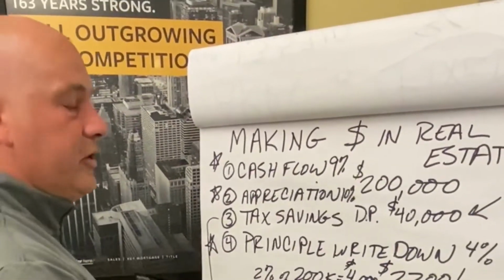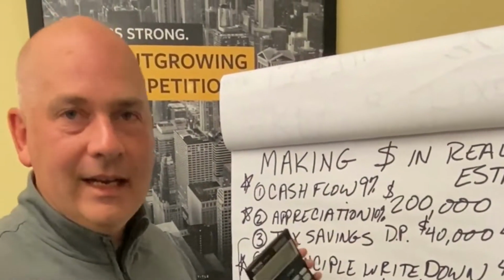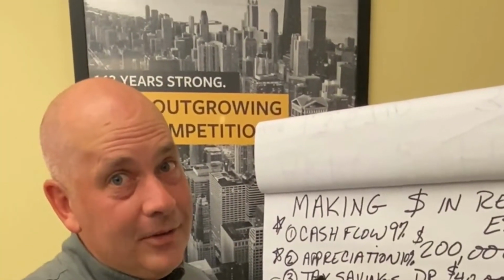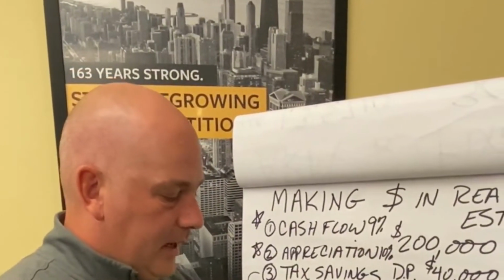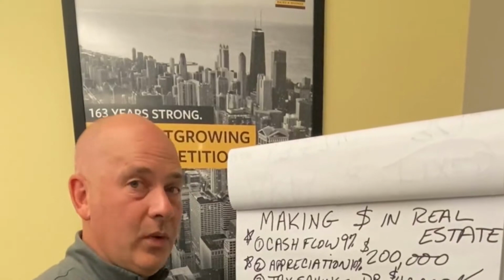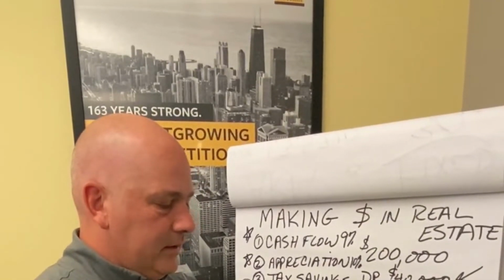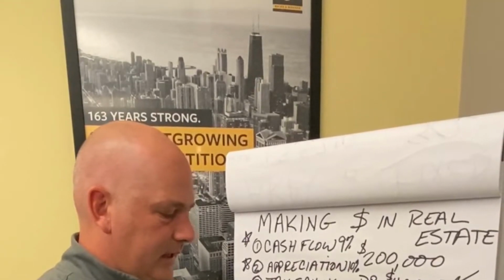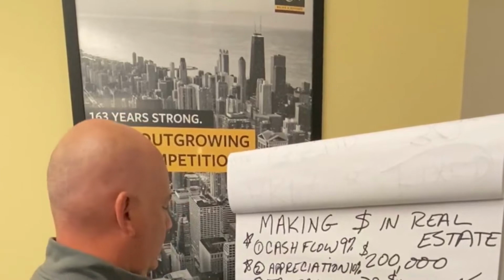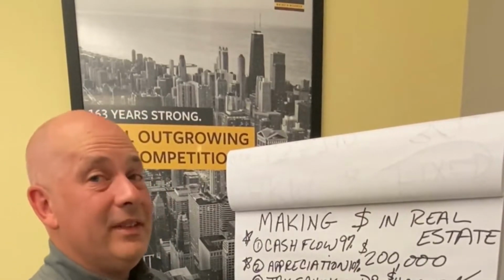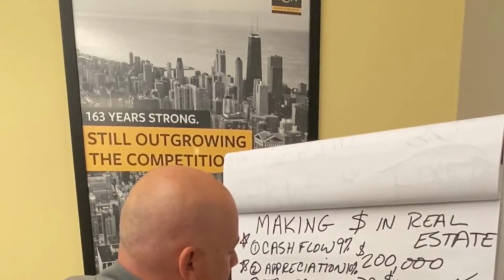Let's figure out your depreciation first. By the way, I'm not an accountant, so please check with your accountant on all of these questions, okay? But you get to depreciate your home over 27 and a half years. So $200,000 divided by 27 and a half means you get to write down 7,200. We're going to say 7,250 a year, since it's a little bit more.